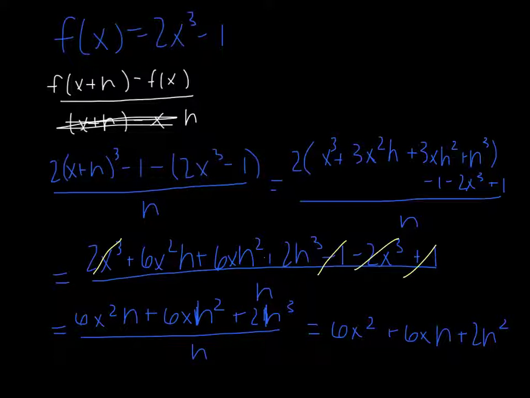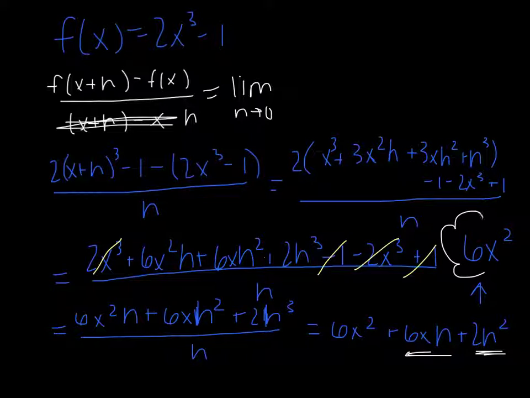And then, because my definition is that this equals the limit as h approaches 0, I can plug in 0 for all my h's. And so if I do that, I end up with just 6x squared, because these two terms have h's, and so those would equal 0.